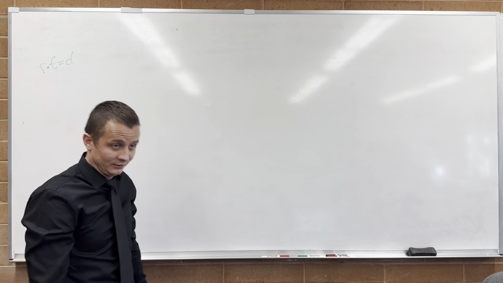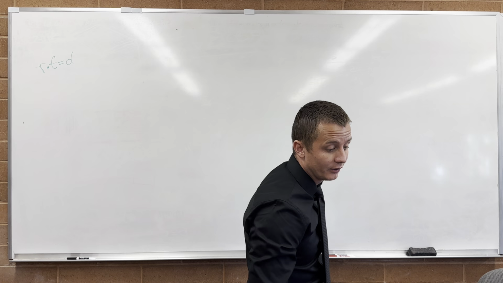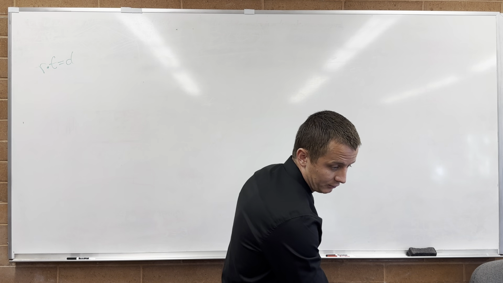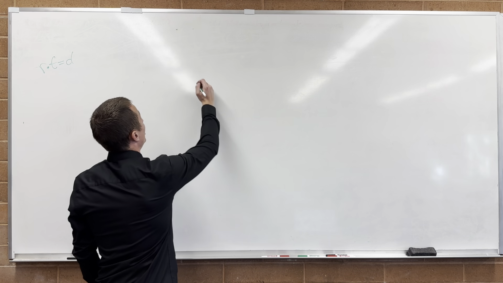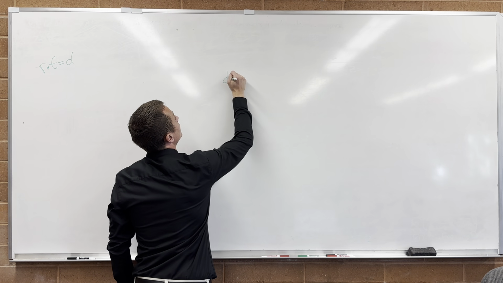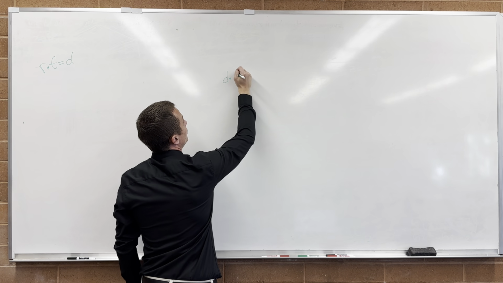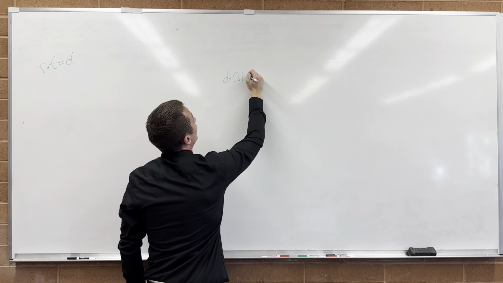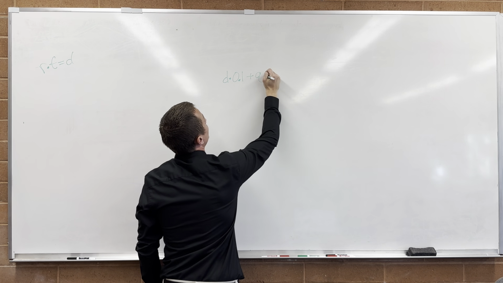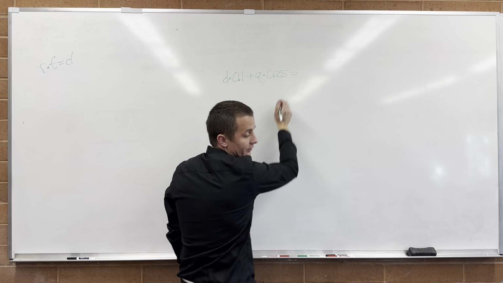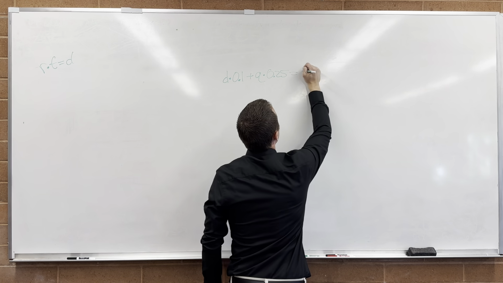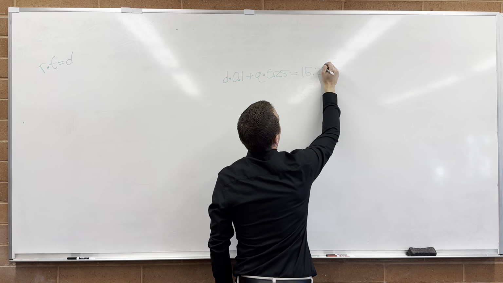Hey, that's nice. All right, a collection of dimes and quarters is worth $15.25. So, our number of dimes times 0.1, plus our number of quarters times 0.25 is equal to $15.25.